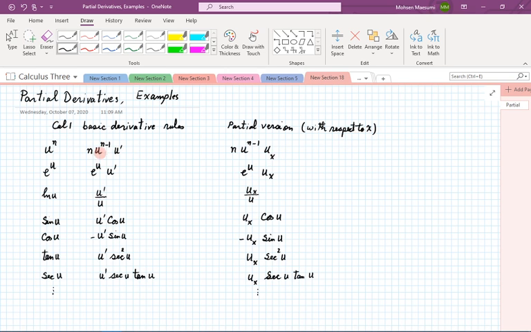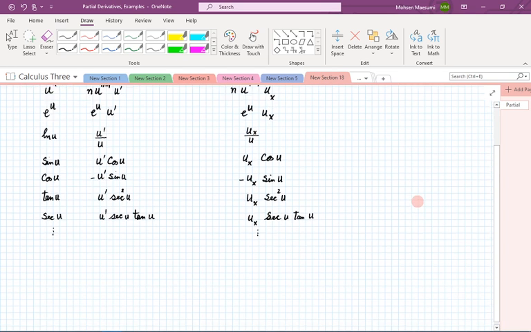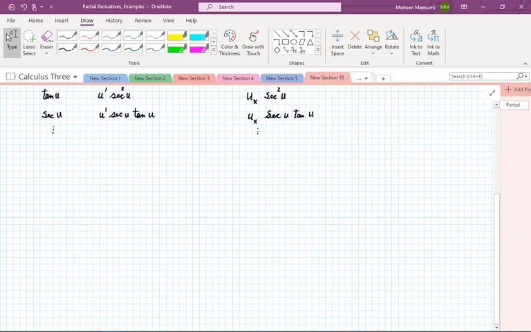So instead of n u to the power of n minus 1 times u prime, we have n u to the power of n minus 1 times u sub x. So you see in all of these examples, instead of u prime, I have u sub x. Of course, if you wanted to take a derivative with respect to y, z, and so on, this would be the derivative with respect to that new variable that you have in mind. Let's practice this in the context of a few examples.